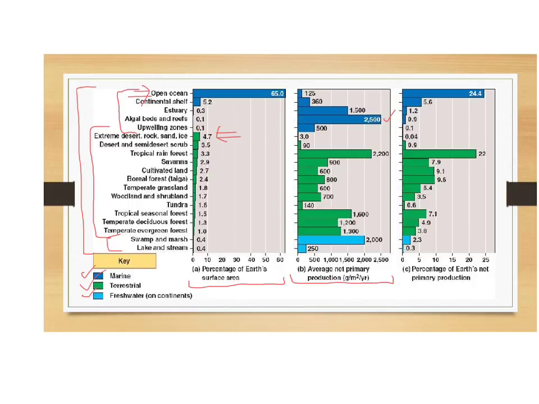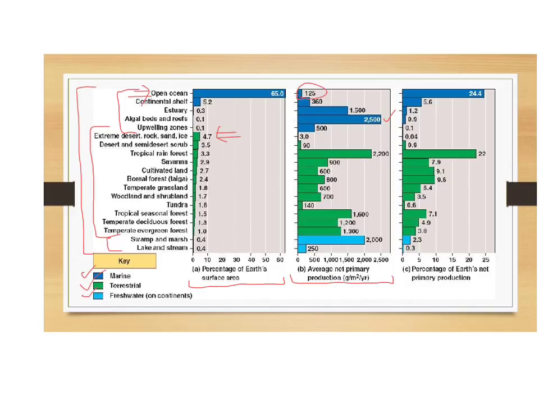Although the open ocean covers 65% of the Earth, it only accounts for 125 grams per meter squared per year of our average net primary production. By far, our most productive marine ecosystem is algal beds and coral reefs.